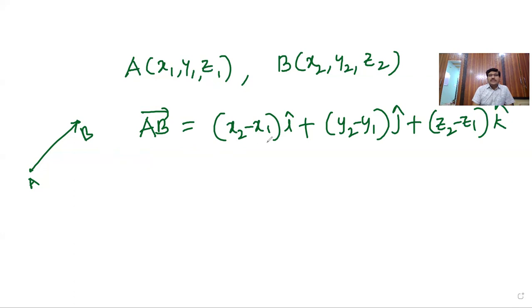So x direction, y direction, z direction. This is the general notation to find the vector AB.